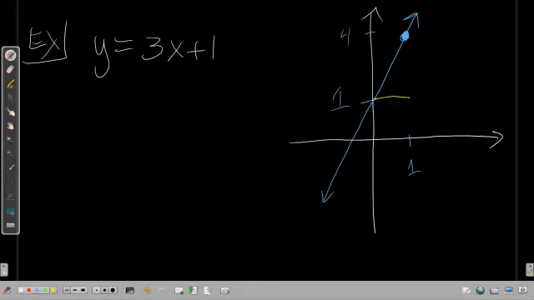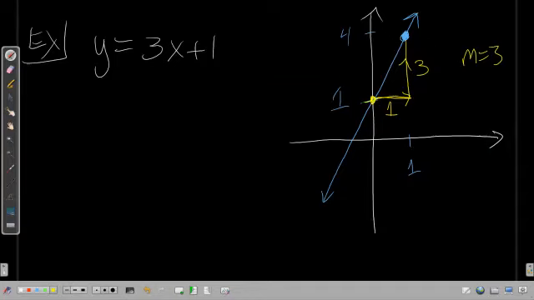See that everything here makes sense to you. If my run is 1 and my rise is 3, starting from right here, I ran 1, I rose 3. Then my slope would have to be 3.